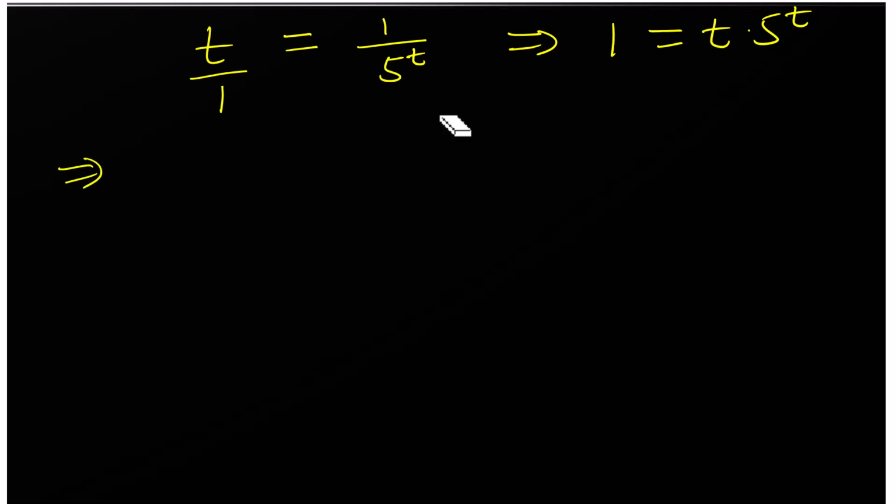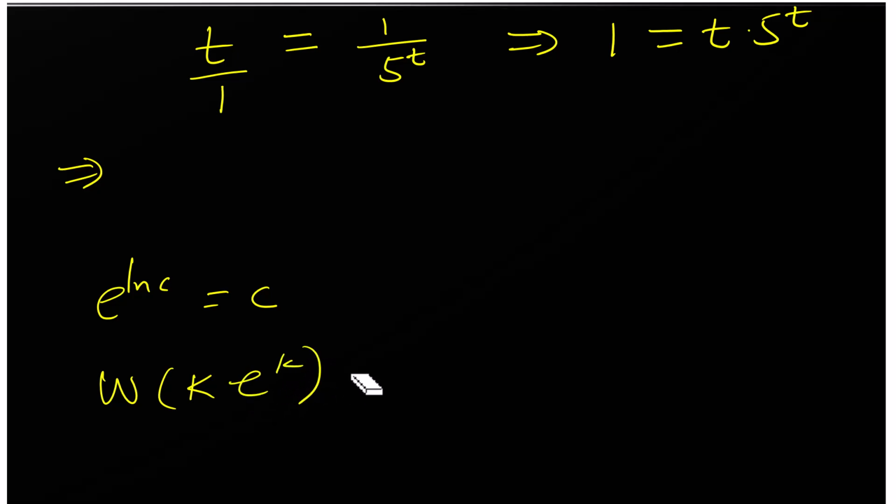Now, when we have W function of c e raised to c, the answer is c. Why are we using this? We are using this because we want to take the Lambert W function. When you have W function of k e raised to k, the answer is k. So we are going to rewrite this 5.